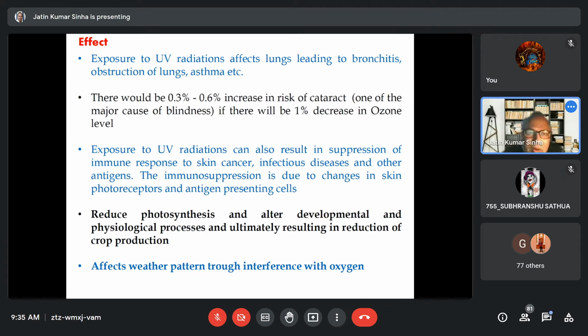Now, what are the effects, or how does the depletion of the ozone layer lead to different types of problems?